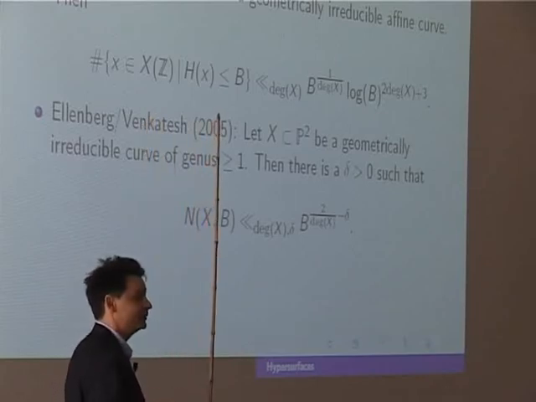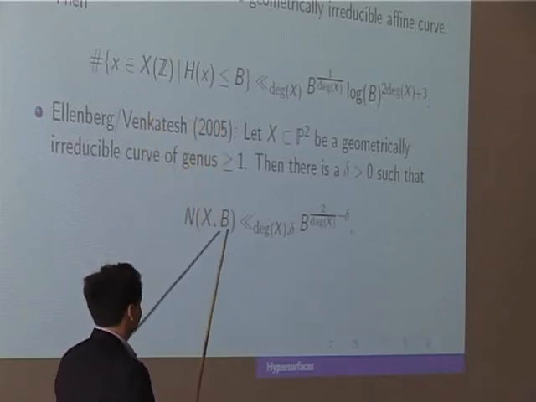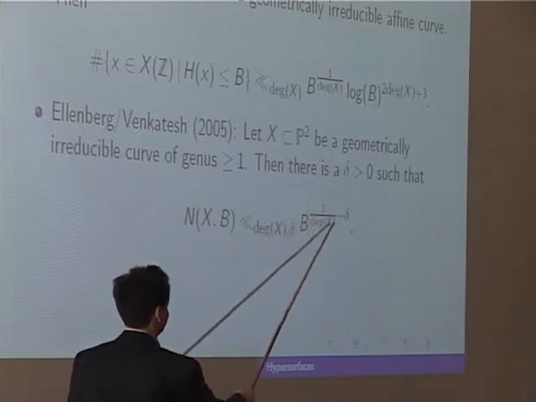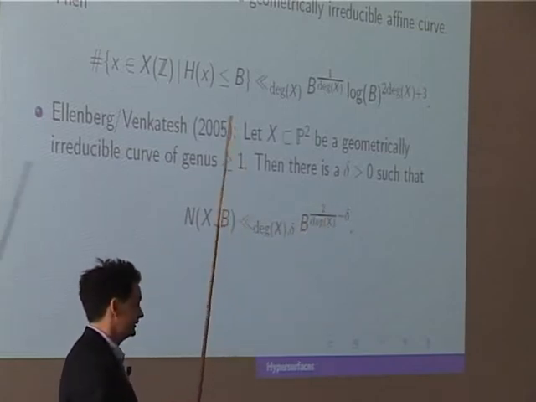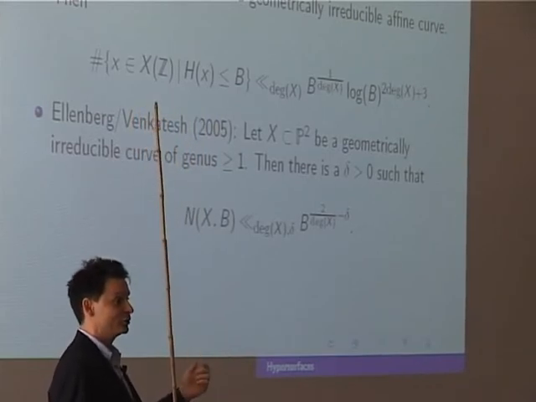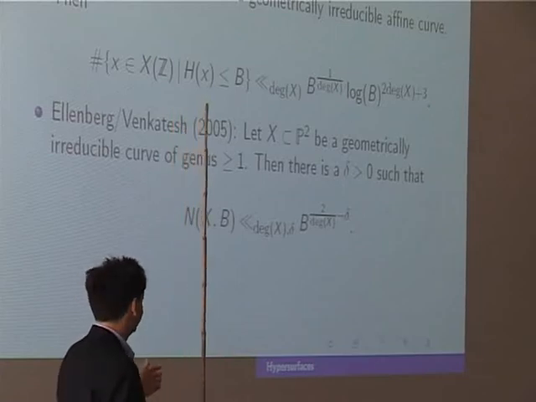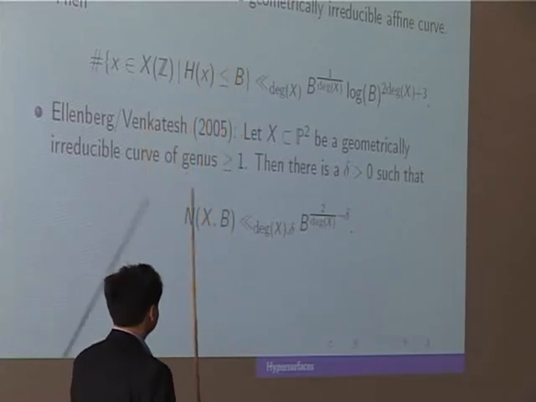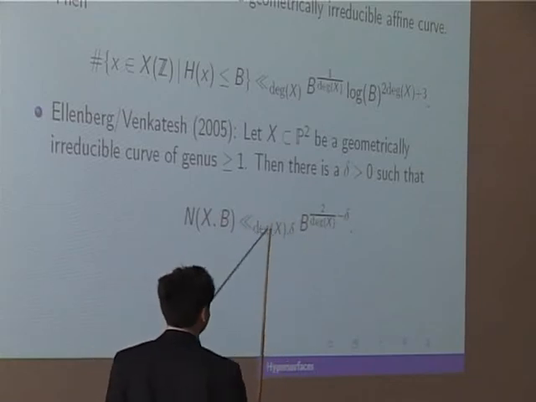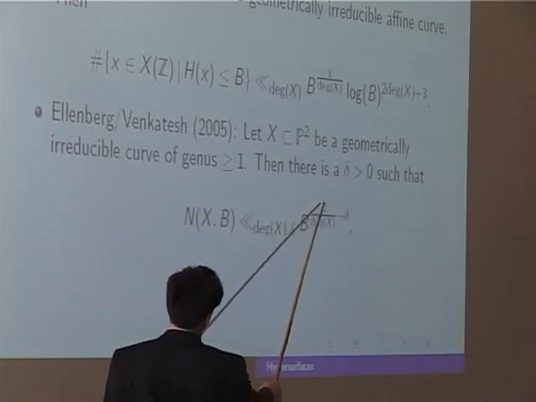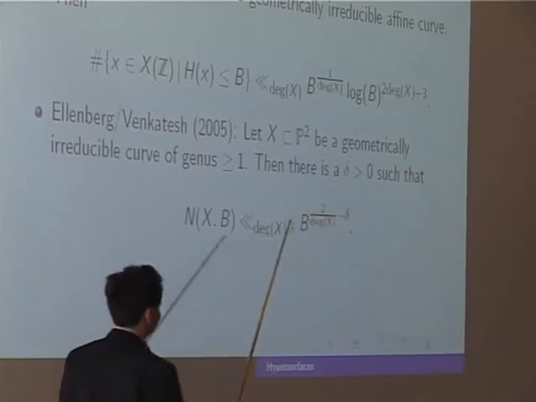So there are finitely many points. So we are just trying to figure out how many, and here we have b to some power. And the issue is that it's very hard to get uniform bounds. For each concrete curve, there are finitely many, that you know. But as the coefficients of your equations change, the bounds are getting worse and worse. And so the best uniform bound right now is 2 over the degree minus delta.